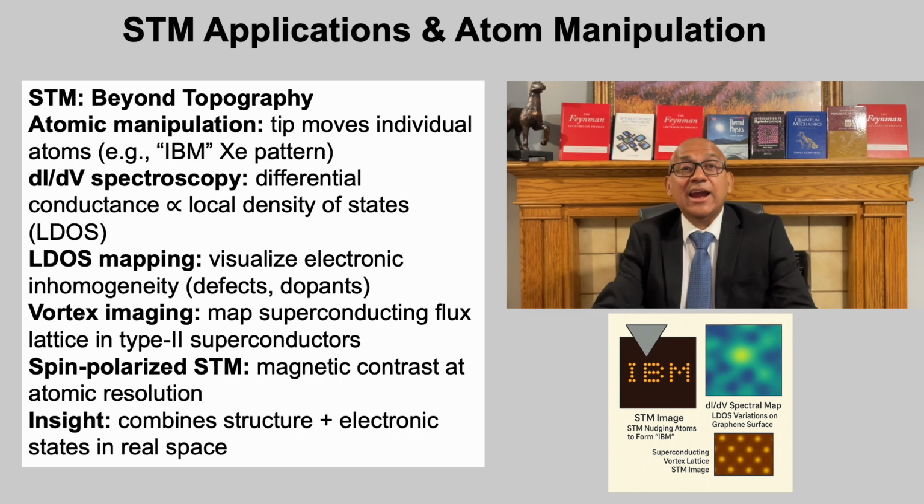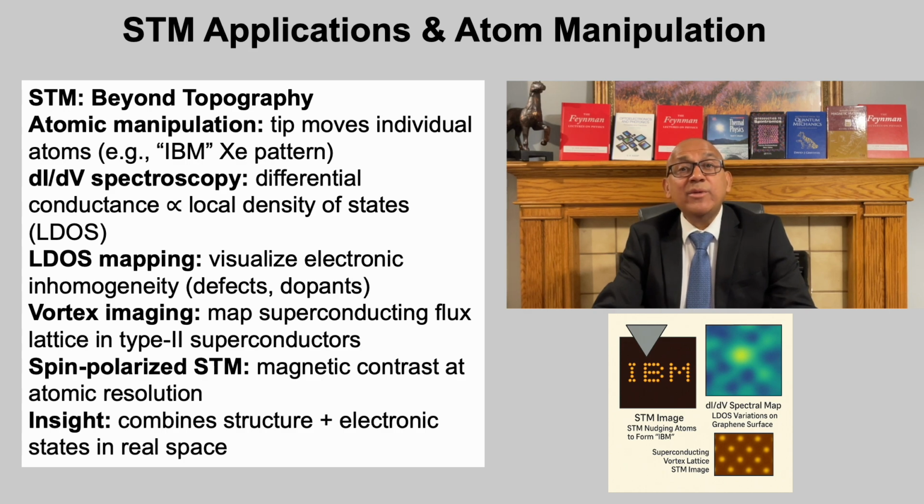This provides energy-resolved information, for instance, mapping the spatial variation of electronic bands, surface states, or impurity levels. By collecting dI versus dV data at each pixel, one constructs LDOS maps revealing nanoscale inhomogeneities, such as dopant distributions in semiconductors or gap variations in superconductors.